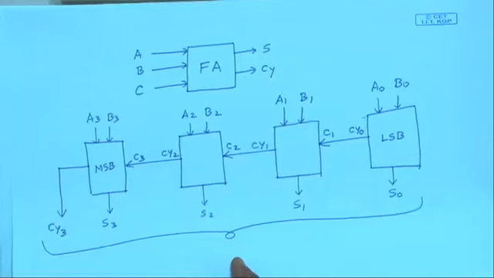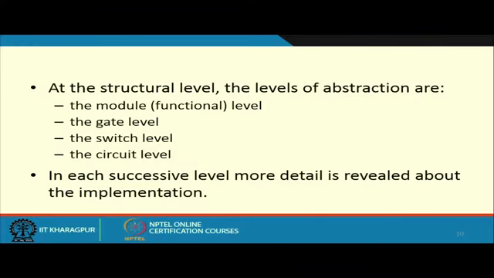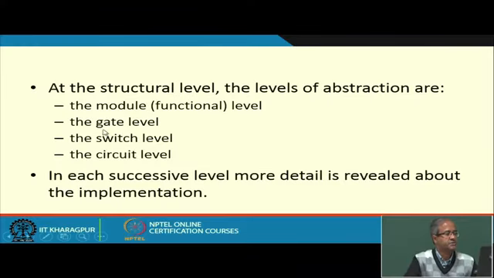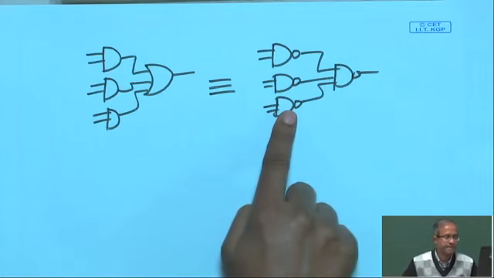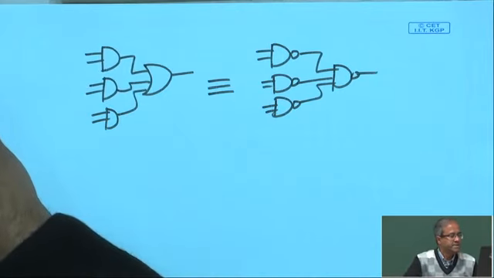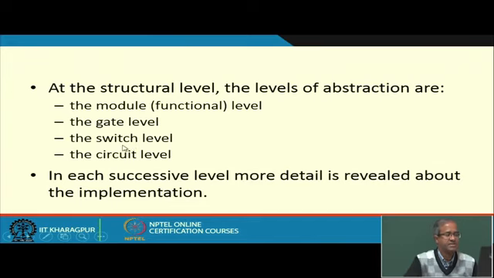Then I can have the gate level. So, at the gate level I have a set of gates and the interconnection as I have shown in the diagrams here, gate level. Similarly, I can have switch level. Switch level means the transistor level.